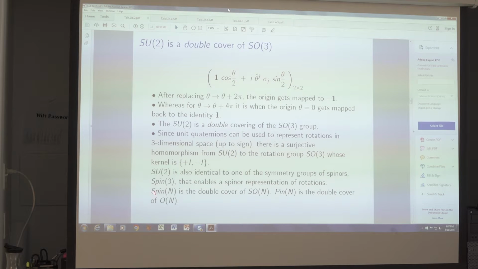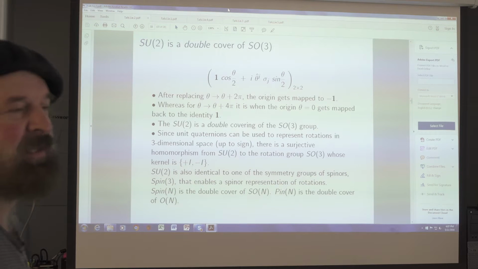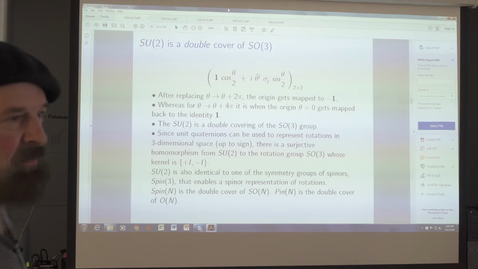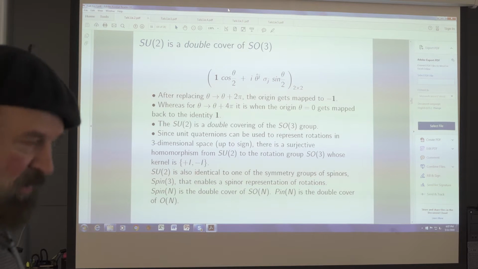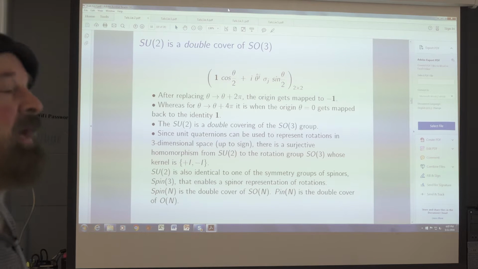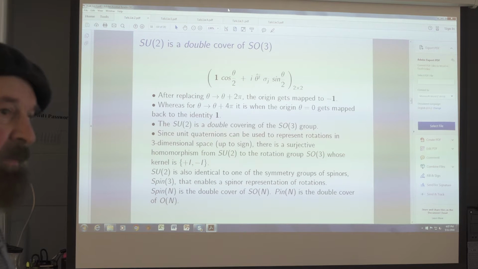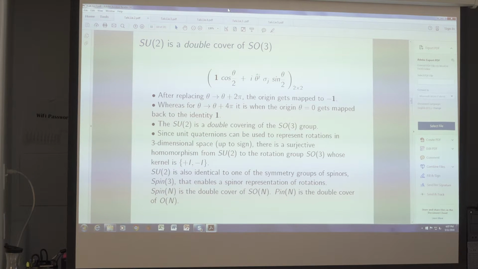And if you add an S, the Spin group is the double cover of SO(n). This is just nomenclature, semantics. Pin is the non-special one.